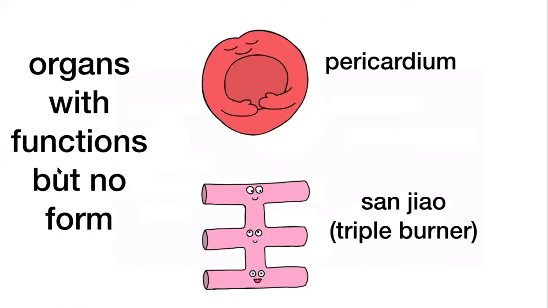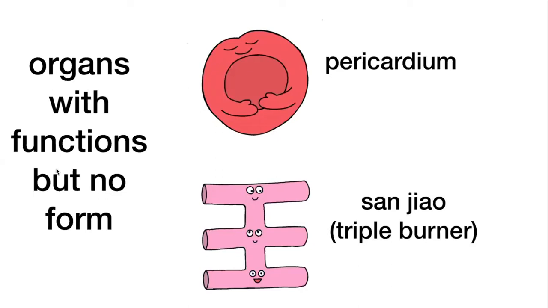Yay. So pericardium and sanjiao. Sanjiao is a yang organ, a tubular organ, and it basically has the tubes that connect the upper part of the body, middle part of the body, and lower part of the body. That's why there's three, the triple, the sanjiao. It's like the pipe system that connects to everything.